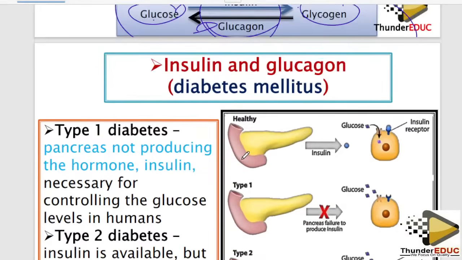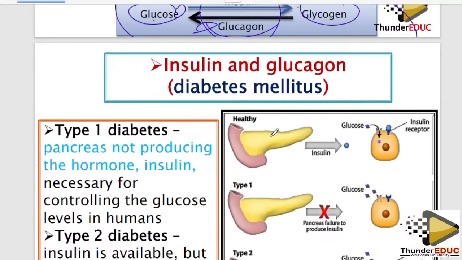Diabetes. Some of the conditions which you find in these glucose situations is diabetes. If the body, the pancreas, cannot produce sufficient insulin, you're going to suffer from what is called diabetes. My students, please don't just say diabetes, because when you say diabetes, we will cross it.